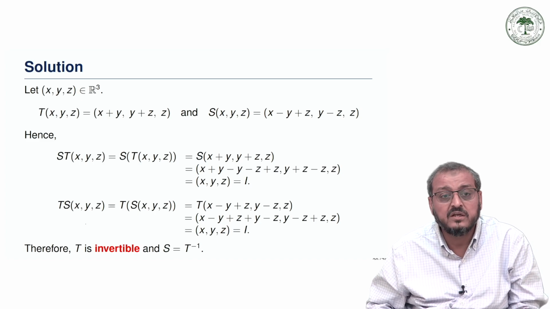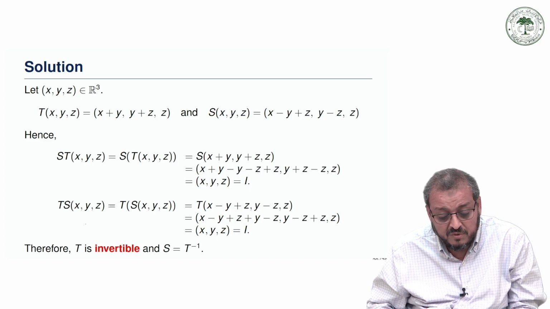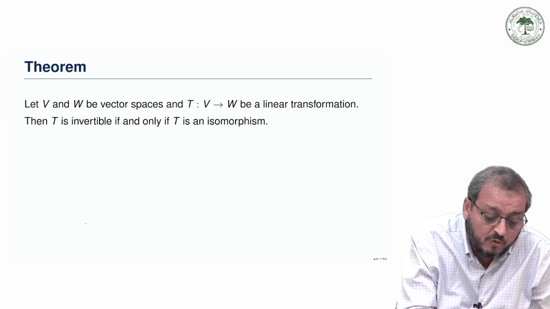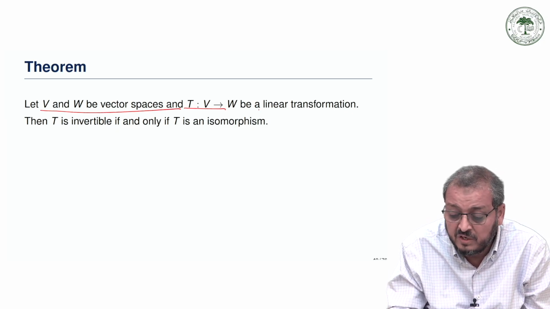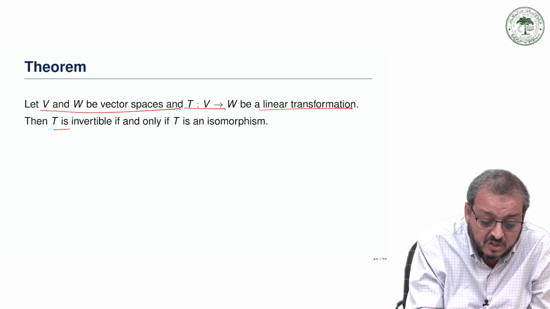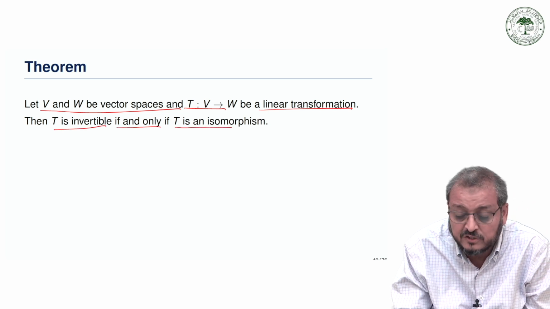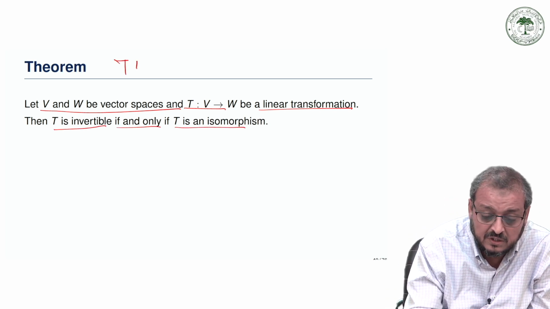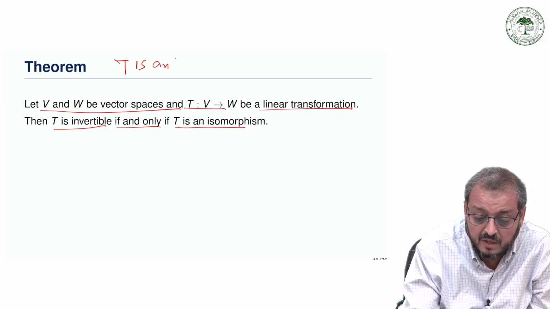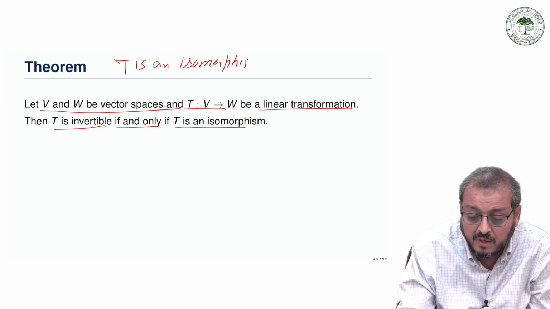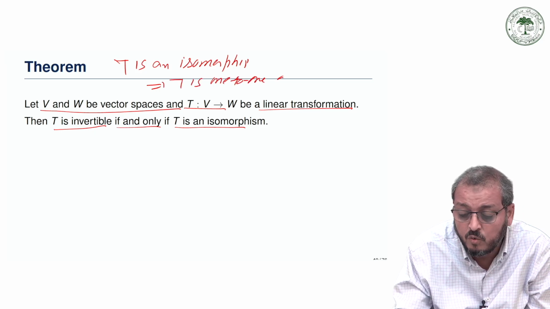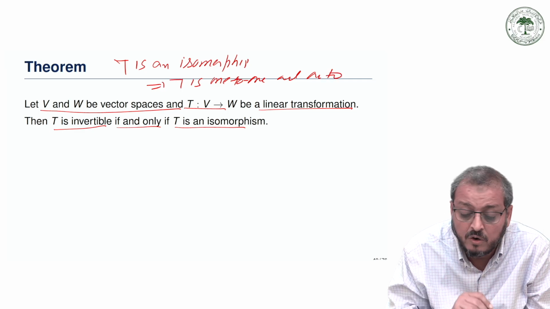Now we have to state the theorem: if V and W are vector spaces and T is a linear transformation, then T is invertible if and only if T is an isomorphism. Now we have to show that T is an isomorphism, which means T is one-to-one and onto.